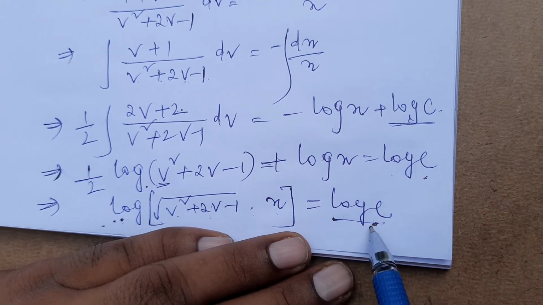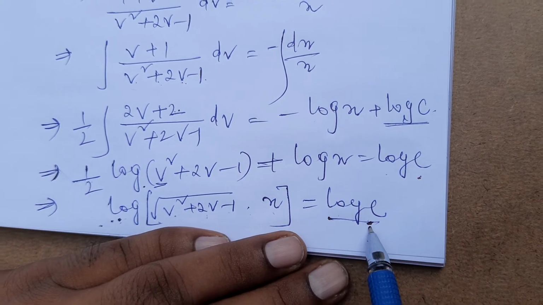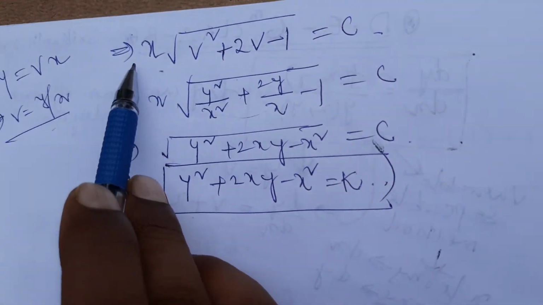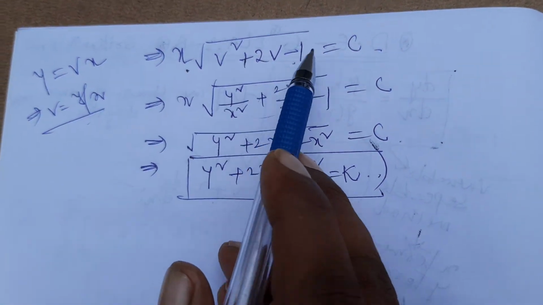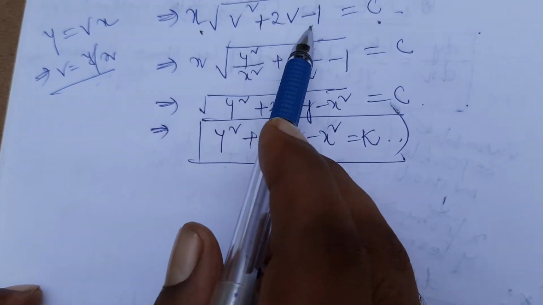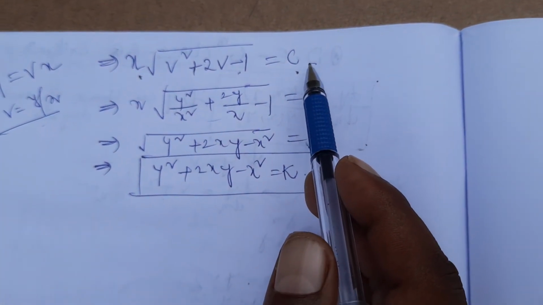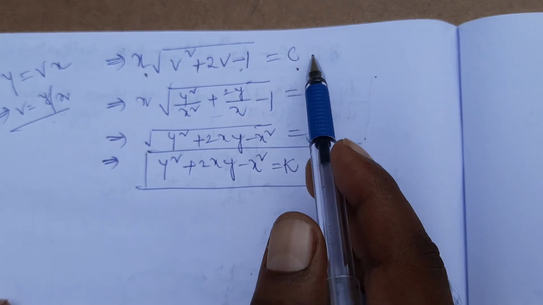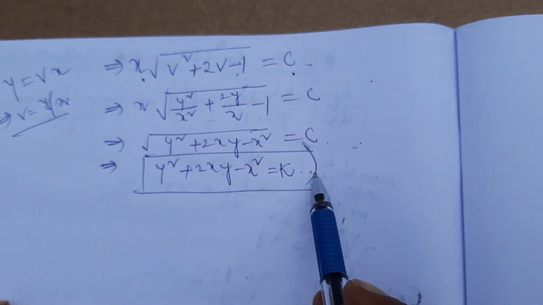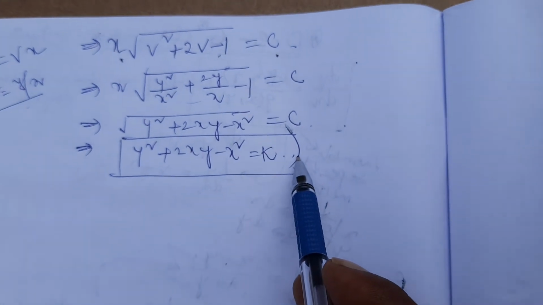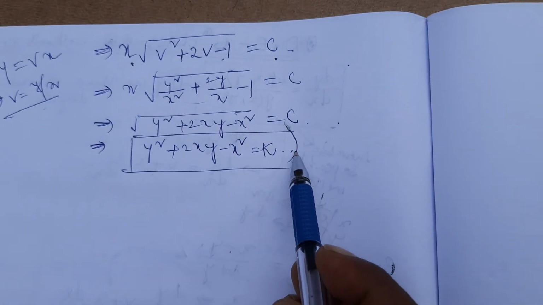After taking the c value, the logarithm form will come, logarithm of this value equal to c. Then this value equal to e power c, you will get it. Even e power c means constant only. Instead of that constant value you can replace some other value k, and you will get the same thing. So here we have to try to simplify to the best solution.